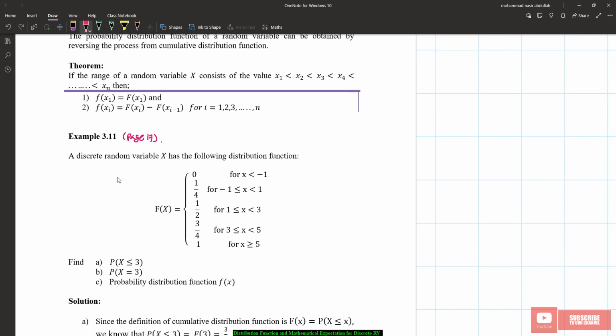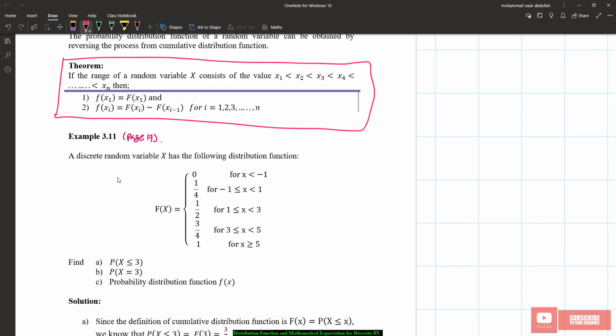But before you go to example number 3.11, let's look at the theorem. If the range of random variable x consists of values x1 less than x2 less than x3 until xn, it means that if you want to find the probability distribution for x1, it should equal capital F x1. Same concept. f1 is equal to capital F1.